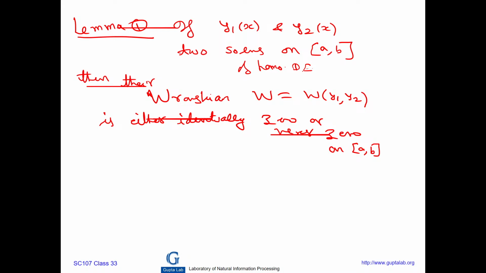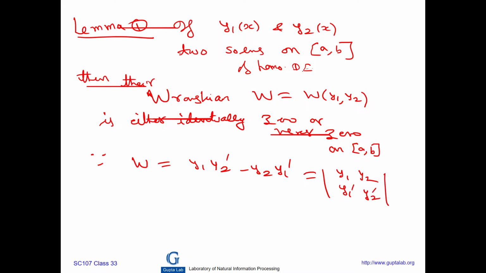So let us do this. Since W is y1 y2 prime minus y2 y1 prime, or in other words the determinant of y1 y2, y1 prime y2 prime, do you know how to differentiate a determinant?